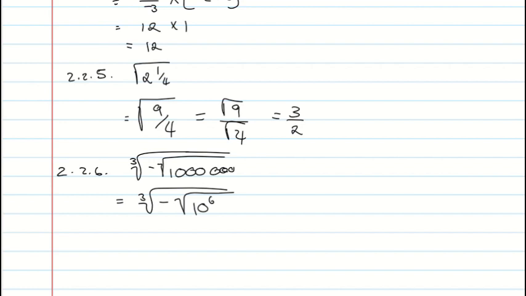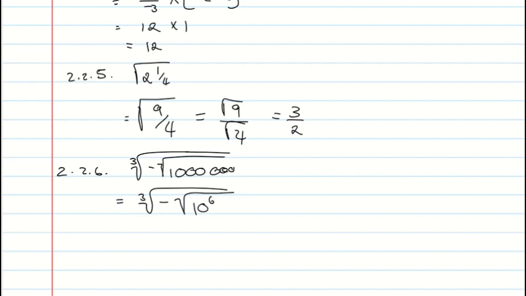This is one of the easier ways to do this. They ask us to do this without the use of a calculator. All right? So we convert it to exponential form.